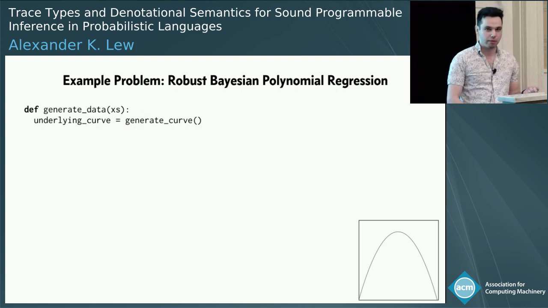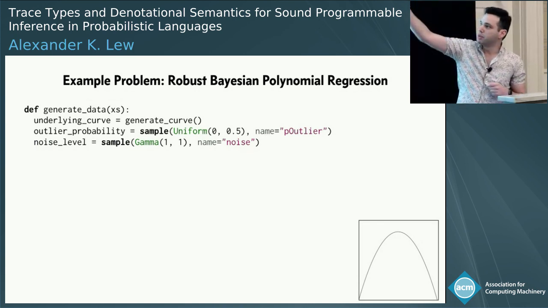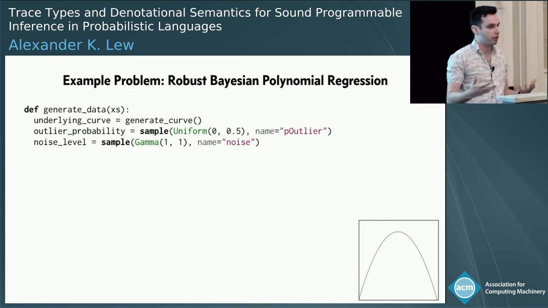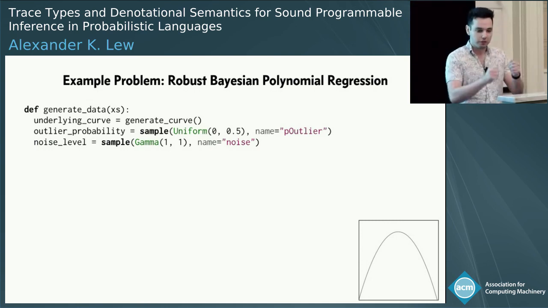And we're going to use that probabilistic program over polynomials to write a probabilistic program over data sets of y points. We're going to assume that the x points are fixed. Okay? And first, we're going to generate a random polynomial. Then we're going to generate some additional parameters that are going to tell us how noisy the data set is going to be. So what is the prevalence of outliers in this data set, and what is the noise level?